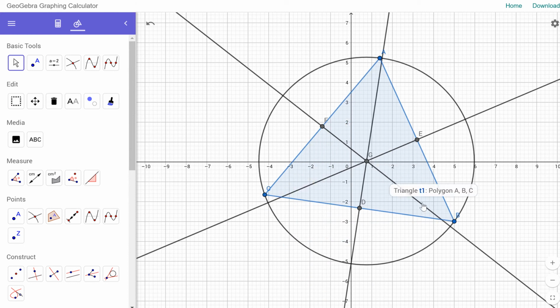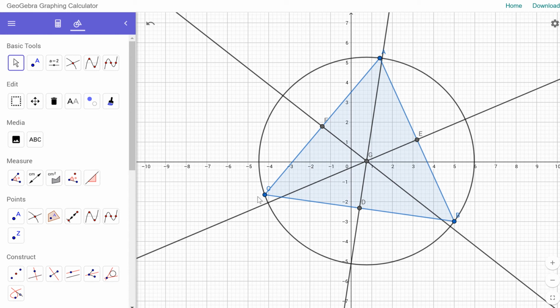So with a center at G and a point on the circle at B, it hits all three vertices of the triangle. Now, what we know about circles, and the important part about the circle, is that every radius in the circle is the exact same length. So what that means to us is that the circumcenter is the exact same length away from all 3 points of the triangle.